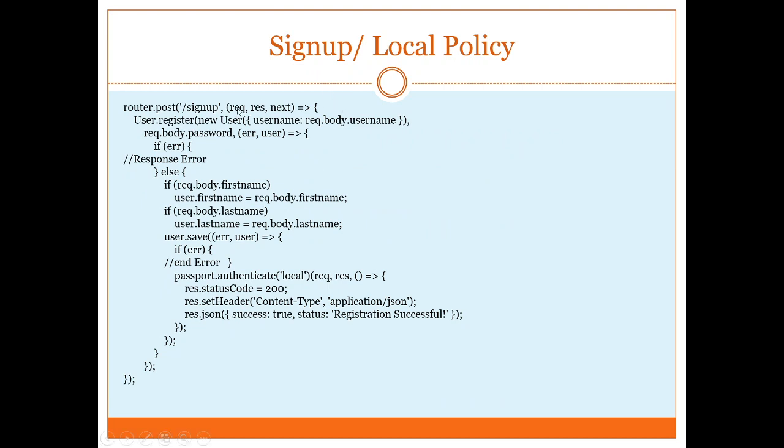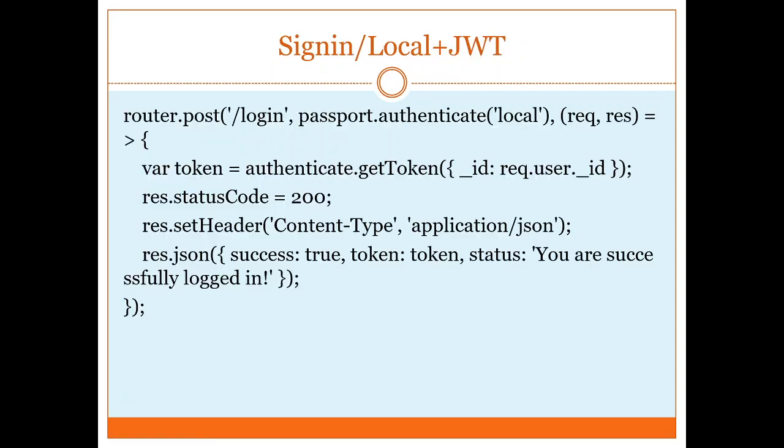Sign-up policy: for sign-up, we check the new username and verify it against the database. If the username is new, then we verify the password and other information, create the user, save the user, and send the user information back to the client. Sign-in policy: the first time, login happens using Passport local.